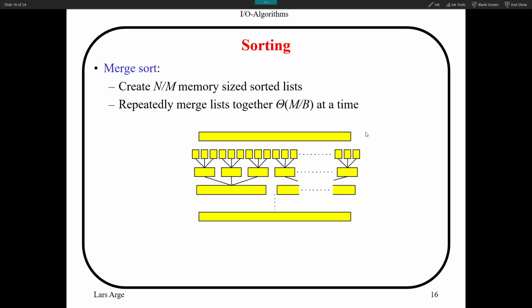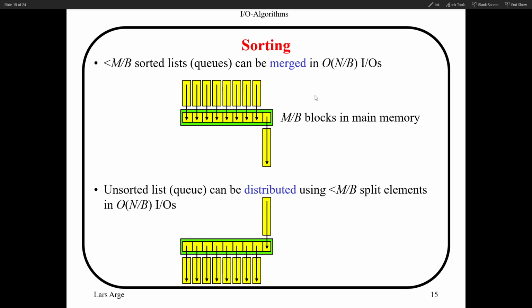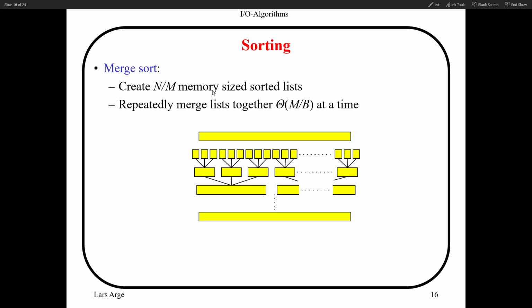After doing that, we can do the merging operations repeatedly. If you go back, I claimed that if I have less than M over B sorted lists, then I can merge them in a total of N over B IOs. So that's what I do here. I have N over M lists, and I group them into groups of size M over B lists.